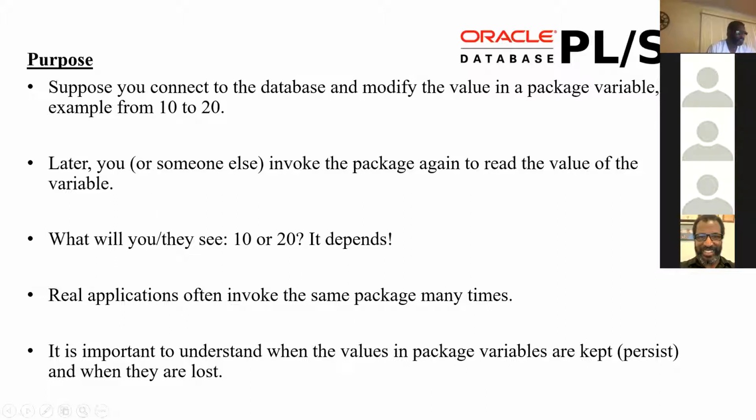So basically, you're modifying the literal value. Later, you or someone else invoke the package again, and you read the value of the variable. What will they see, 10 or 20? It depends. So we are going to talk about what persists and how you can control this.